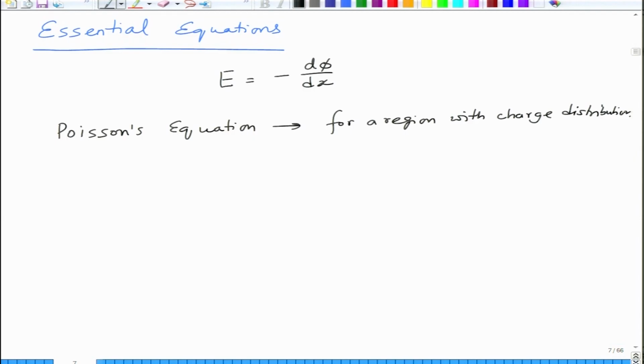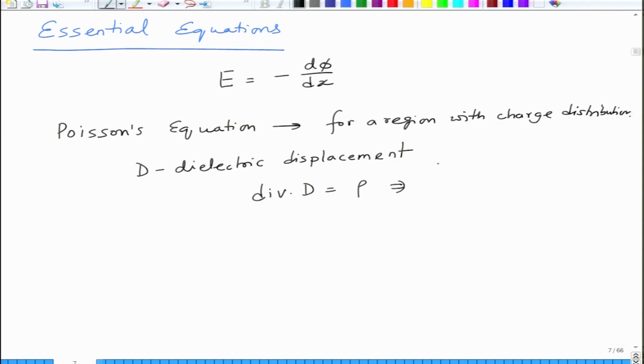So if D is the dielectric displacement, then the divergence of D is equal to rho, where rho is the charge density.